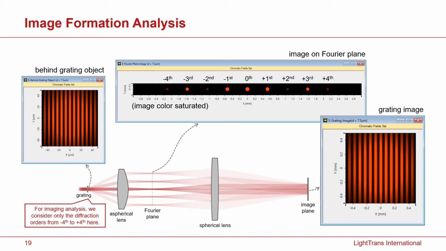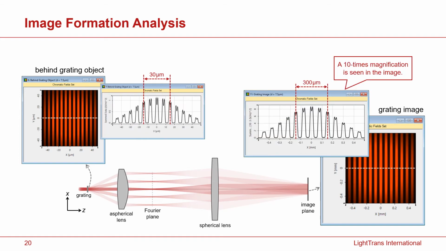Afterwards, each of these diffraction orders goes through the second spherical lens, and at the end, on the image plane, they make an interference pattern. That gives you the image of the grating. In VirtualLab, you can also make arbitrary post-analysis of your simulation result. All these results I'm showing here are generated in VirtualLab.